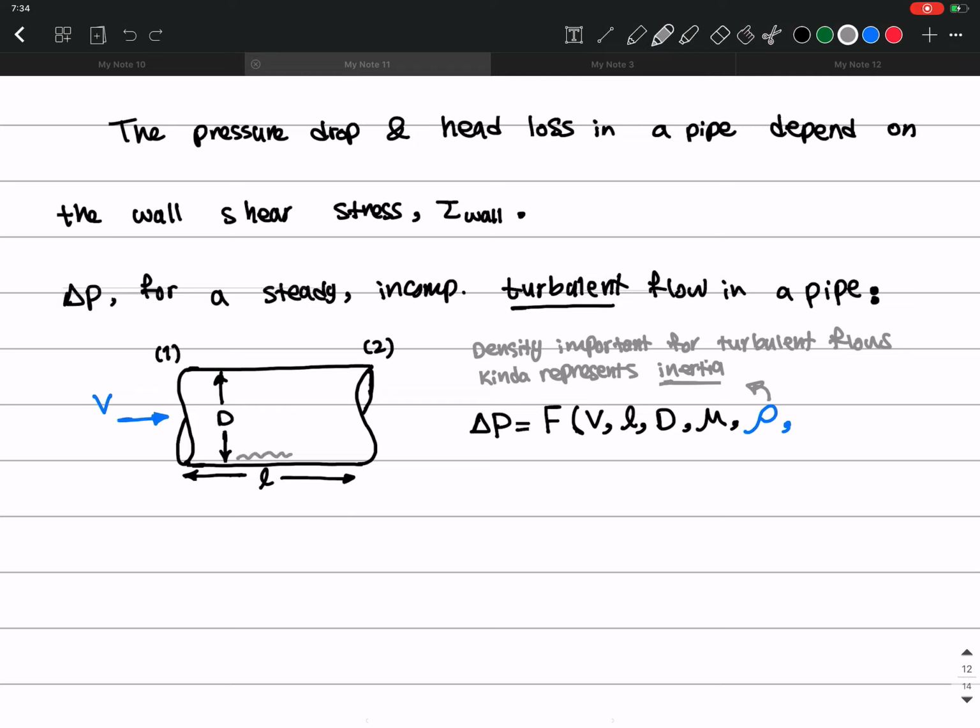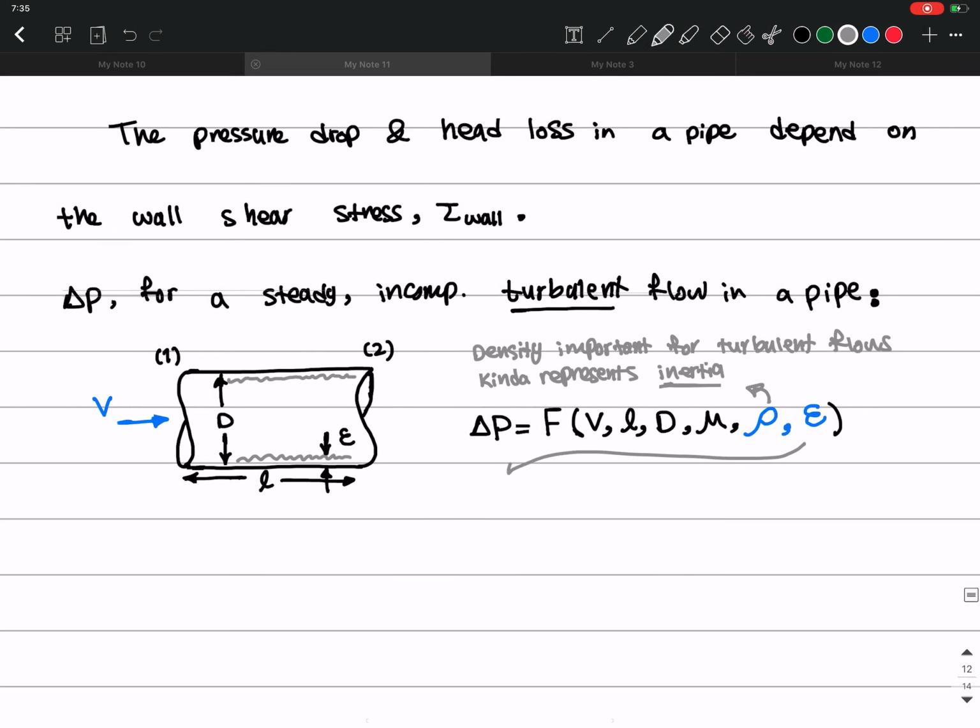It can have some roughness like this, and also the same roughness here. This is what we call and show as epsilon, which is the roughness of the pipe. And this is important. I am going to explain why it is important.